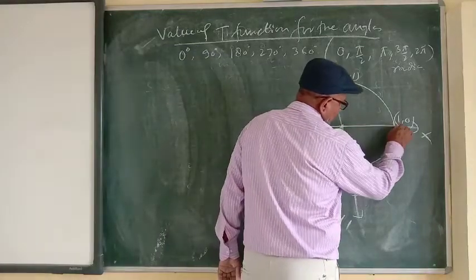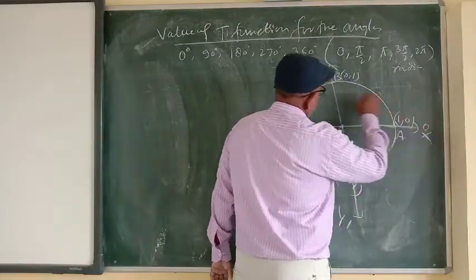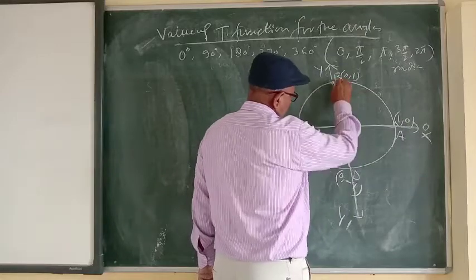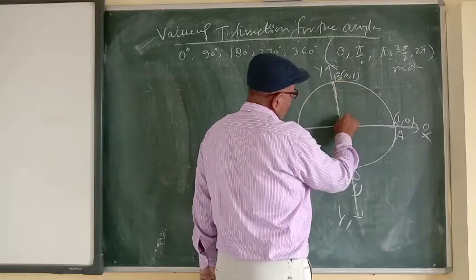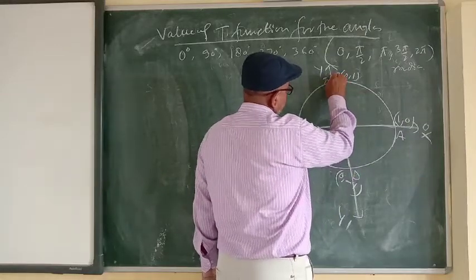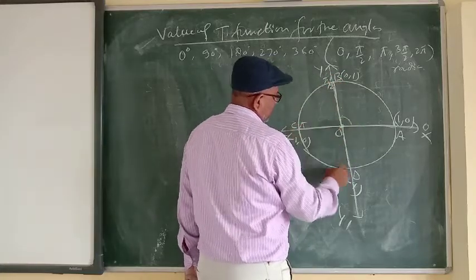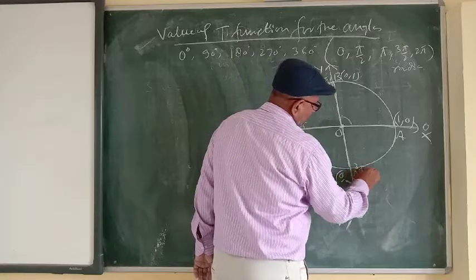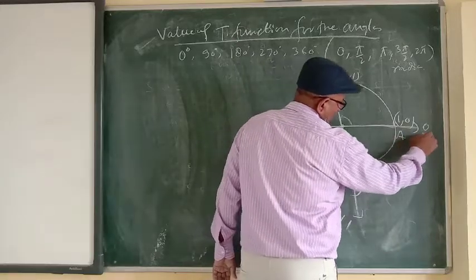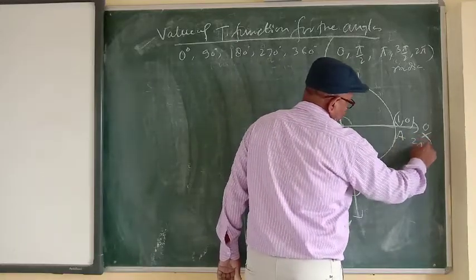What is this angle? This is 0. What will be this angle? This angle is pi by 2. This angle will be pi. Here 3 pi by 2, and again here we will get 2 pi.